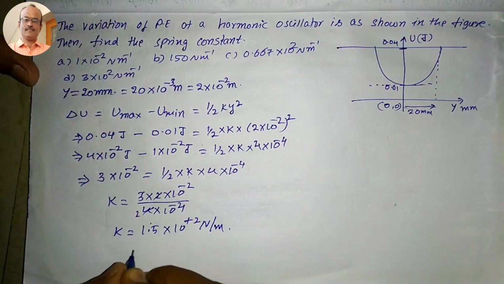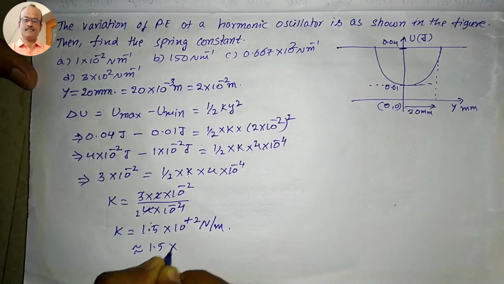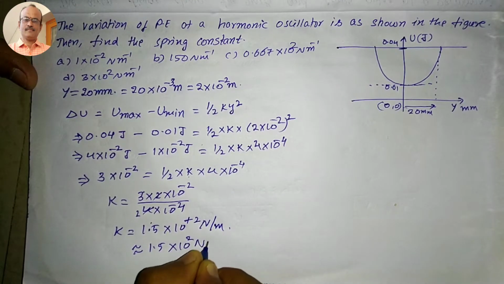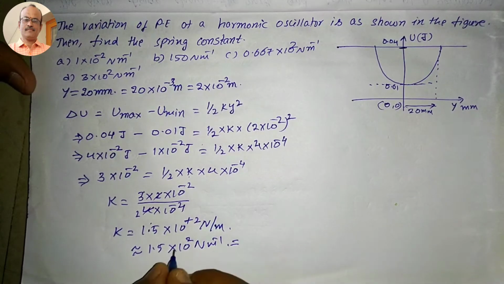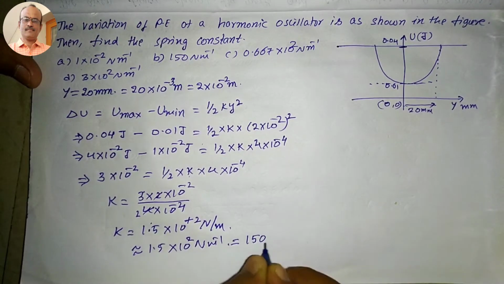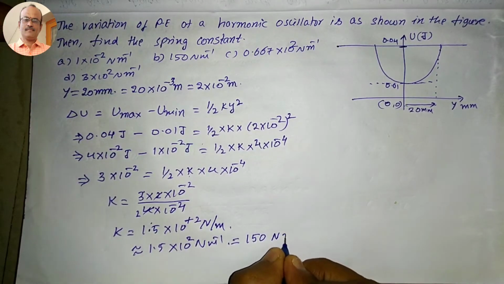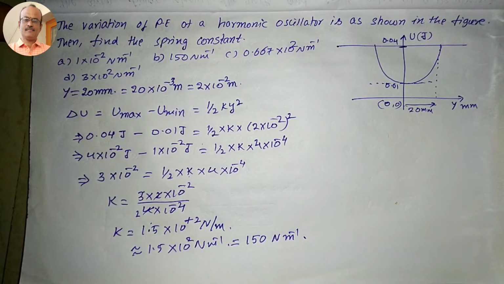Or otherwise we will write like this: 1.5 into 10 square Newton meter to the power of minus 1. So 1.5 into 10 square is nothing but 150 Newton meter to the power of minus 1. So which option is correct here? 150 Newton meter to the power of minus 1. Option B is correct. That is the spring constant.